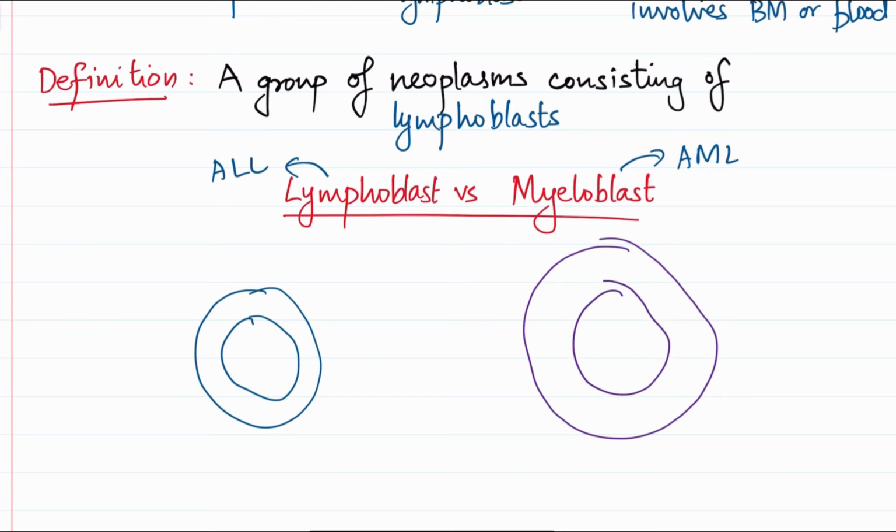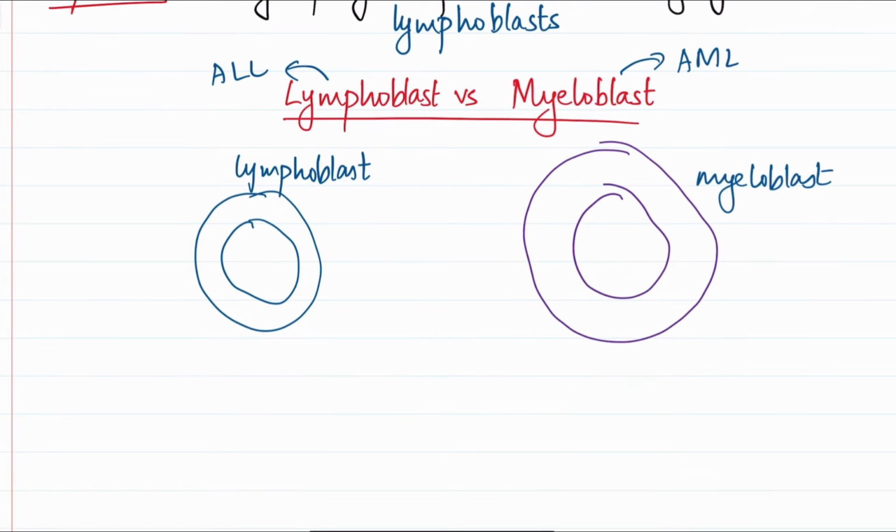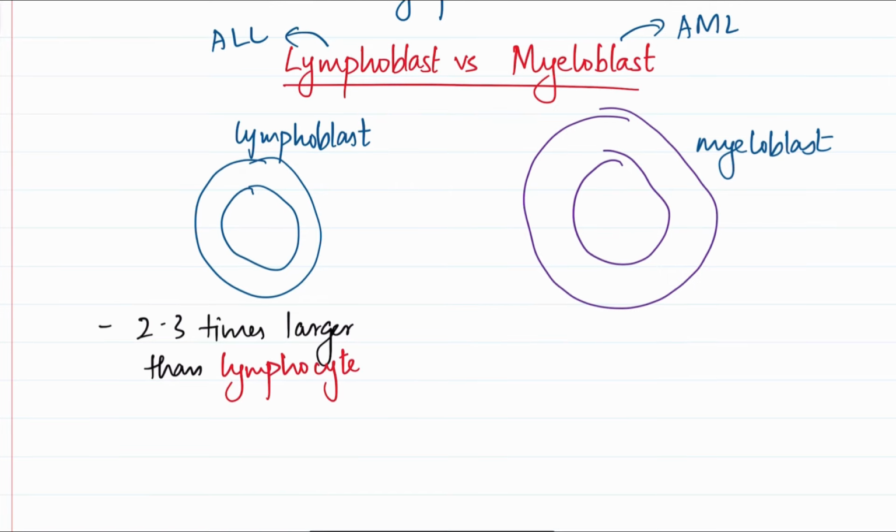Now, as we can see in the figure, this is our lymphoblast, while this is our myeloblast. Now, when we compare their size, firstly, the lymphoblast is 2 to 3 times larger than a normal lymphocyte, which are the mature B and T cells, whereas a myeloblast is larger than both lymphoblast and lymphocyte.